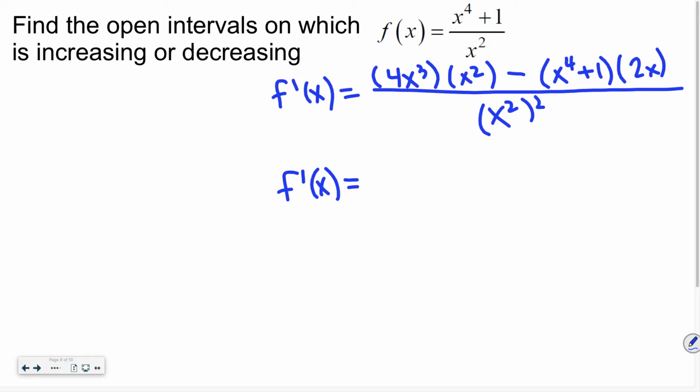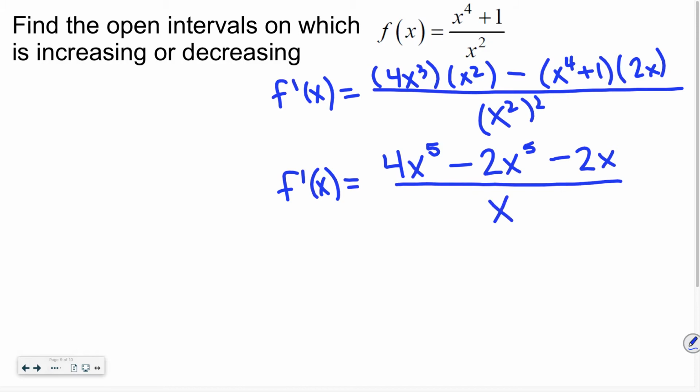Okay, so this would give us minus 2x to the fifth minus 2x all over x to the fourth. So we have 2x to the fifth minus 2x over x to the fourth.